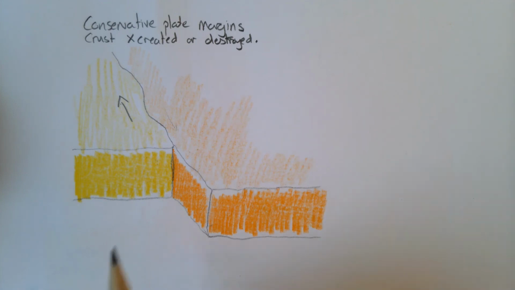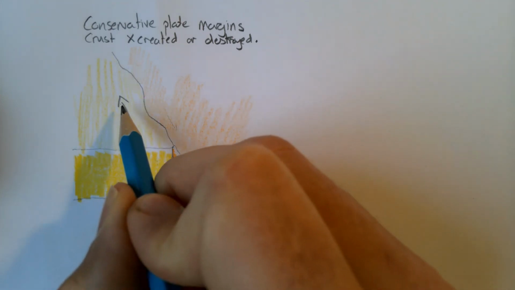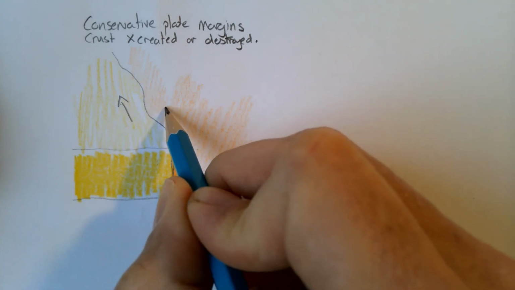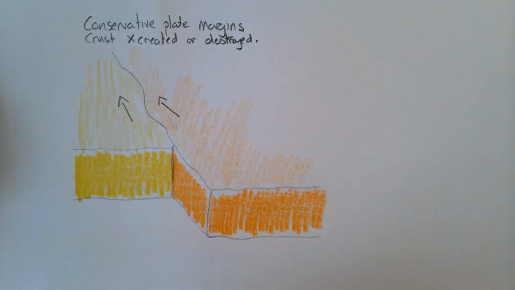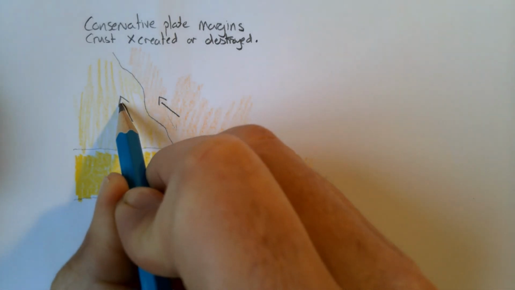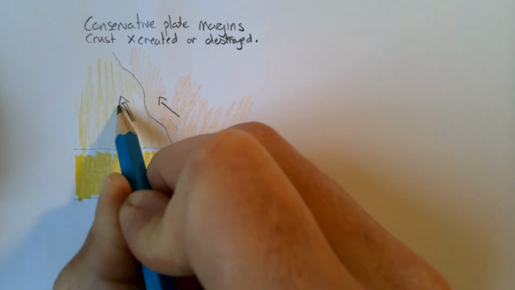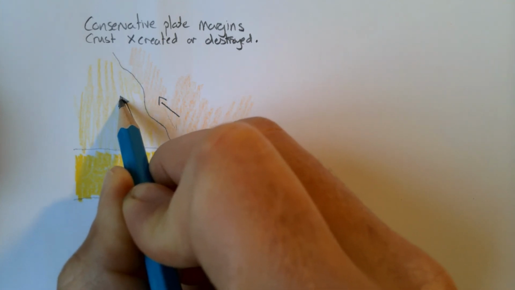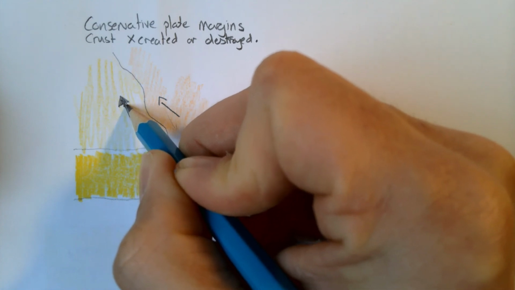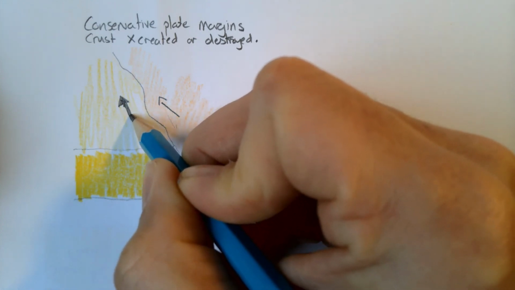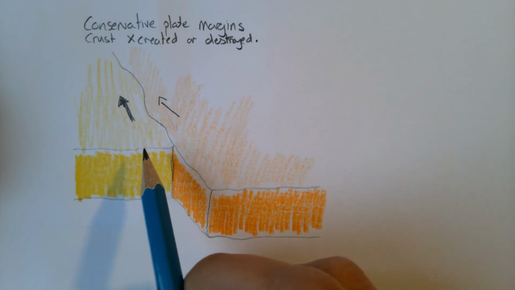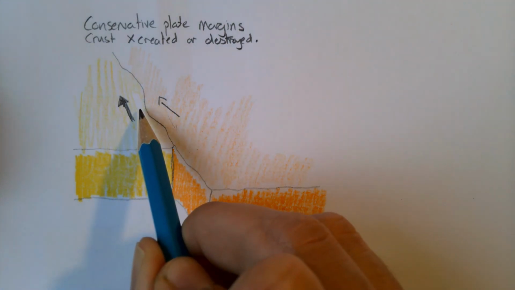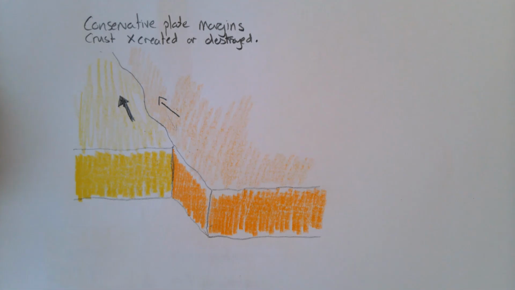The reason I've drawn this faintly is because what often happens is the plates are actually moving in the same or similar directions, but at different rates. So this plate, which I'm going to draw with a thicker arrow, is moving at a faster rate towards the northwest, whereas this plate is moving more slowly. And that has the effect of meaning that this plate is sliding past this plate here.